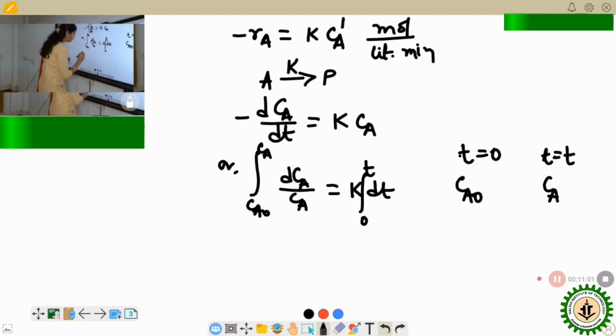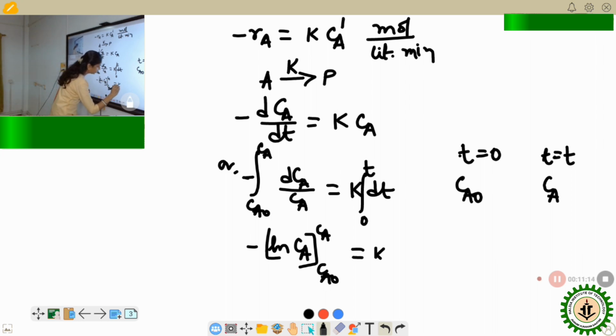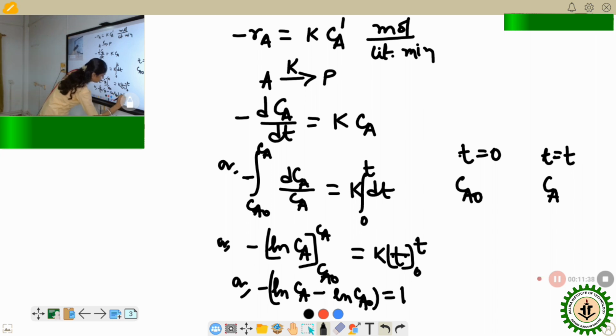Fine. Now we will do the integration. That is ln Ca, Ca0 to Ca, equals K, 0 to t. We put the limit: minus ln Ca minus ln Ca0 equals Kt.